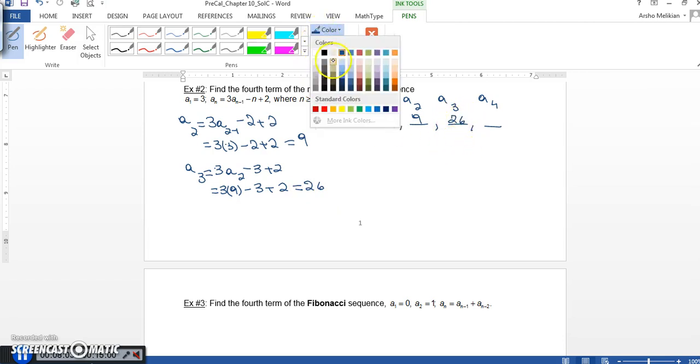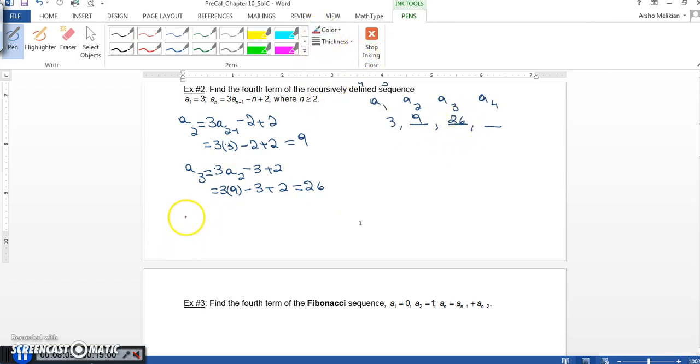Now let's find A4. It's 3 times A of N minus 1, N is 4, 4 minus 1 is A3. A3 is just code for the 3rd term. Minus N, which is now 4, plus 2.